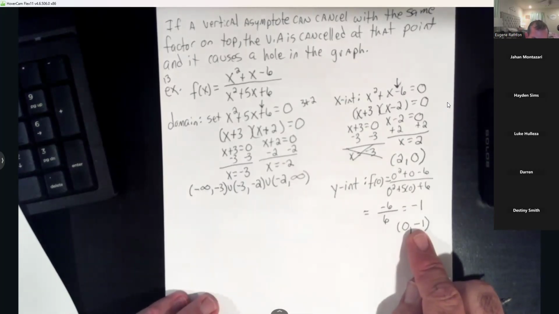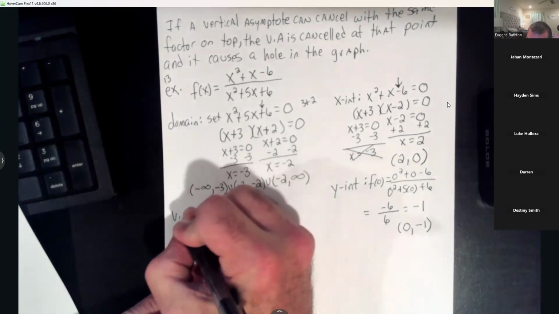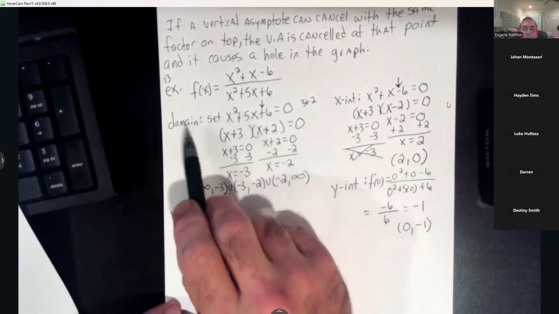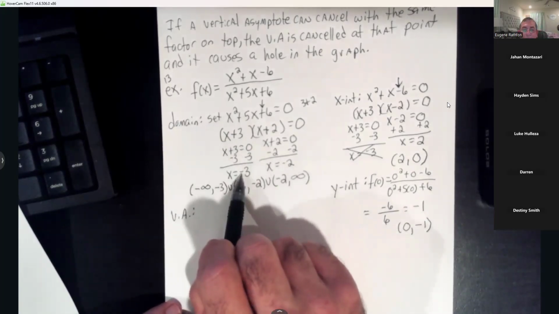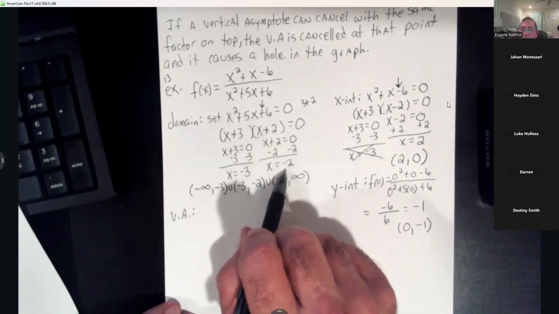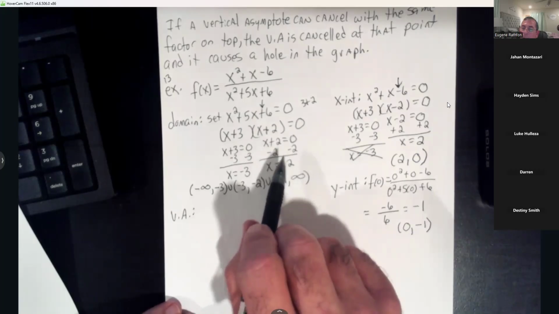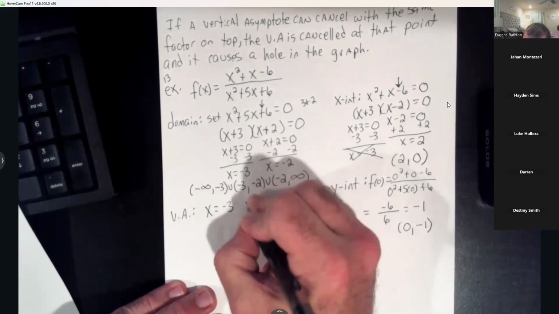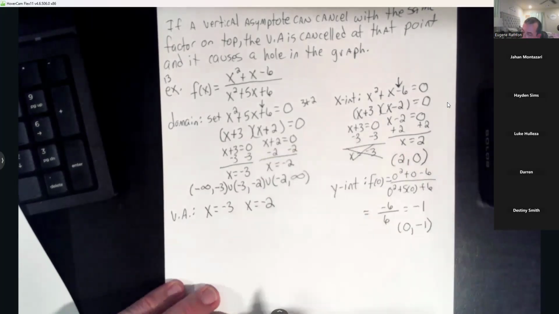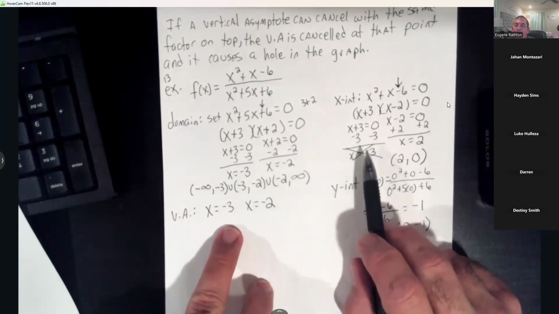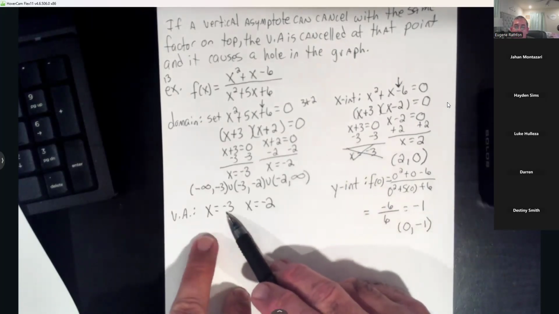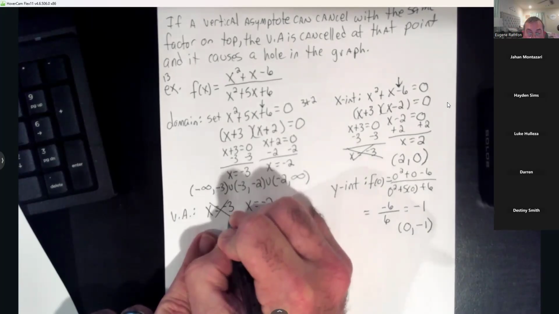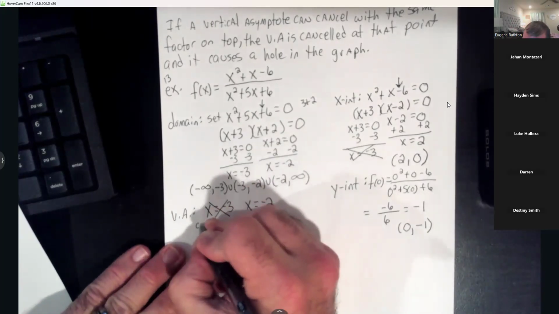All right, next I would find vertical asymptotes. Well, y'all, I find vertical asymptotes the same way I find my domain. I'm going to get x equals negative 3, x equals negative 2. But remember, since I got a factor in the numerator that matches this vertical asymptote, this vertical asymptote is going to be canceled and it's going to create a hole.